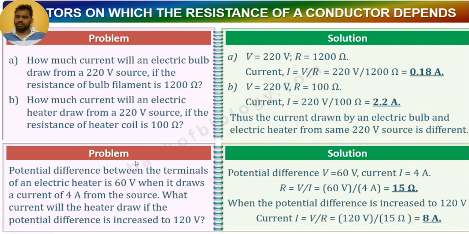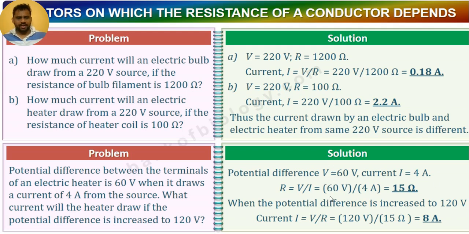We have one more problem, and now let us see what this problem says. Potential difference between the terminals of an electric heater is 60 volt when it draws a current of 4 ampere from the source. What current will the heater draw if the potential difference is increased to 120 volt? Very simple. First we will find R in the case when our heater is drawing 4 ampere at 60 volt.